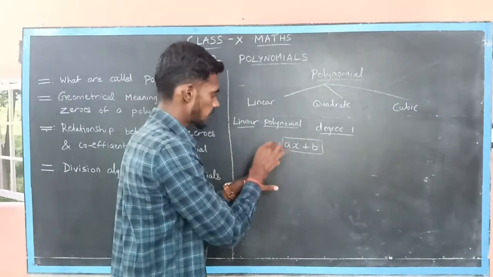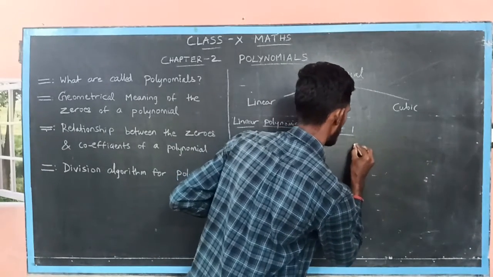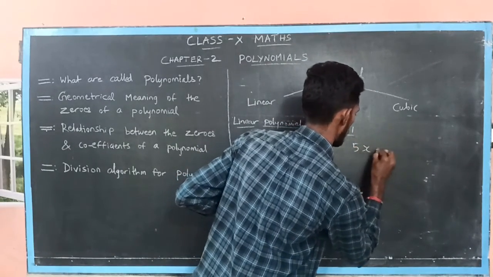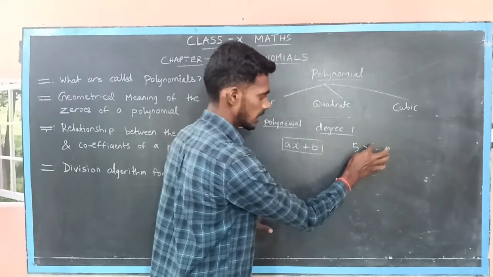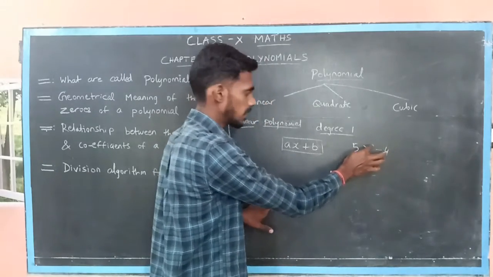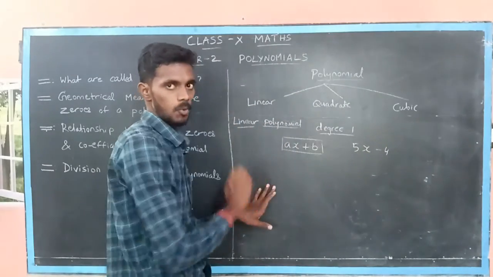The standard form of a linear polynomial is ax plus b. Let me see an example, 5x minus 4. Here the power of the variable x is 1, the highest power, so the degree of the polynomial is 1. So it is a linear polynomial.